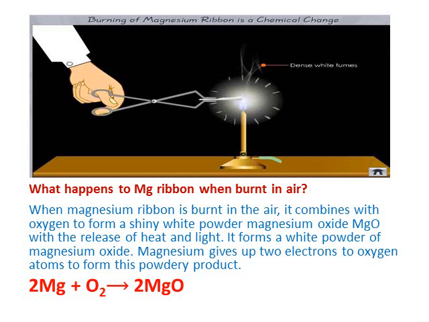The magnesium ribbon is held with a pair of tongs and it is introduced to the burning stove or Bunsen burner. Now, after it catches fire, you can see the sparks coming out of it, just like the sparklers which you fire during Diwali.